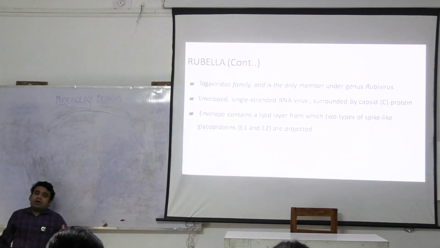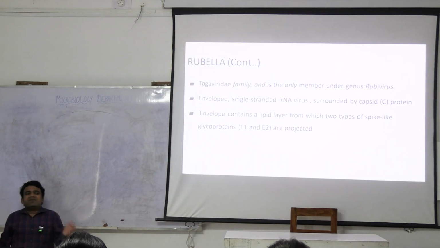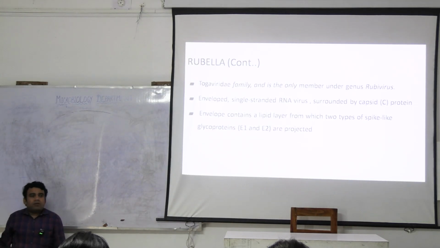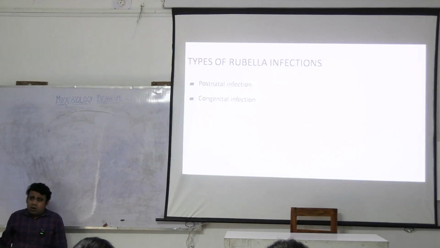And if any girl child has missed this vaccine during childhood, she can be vaccinated before marriage, that means prior to conception. So if that happens, even if the mother gets infected, because of the preformed antibody, the child will be protected.